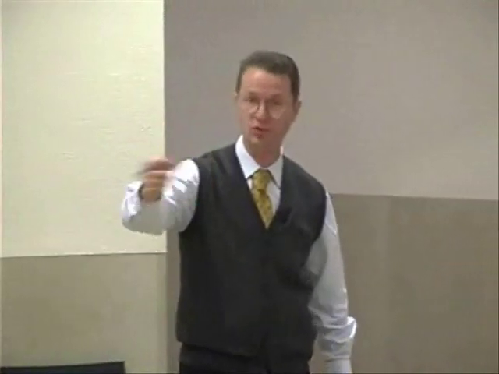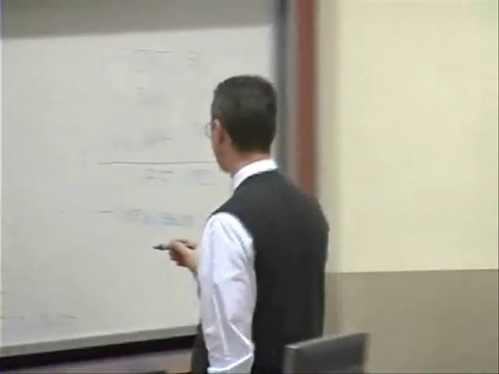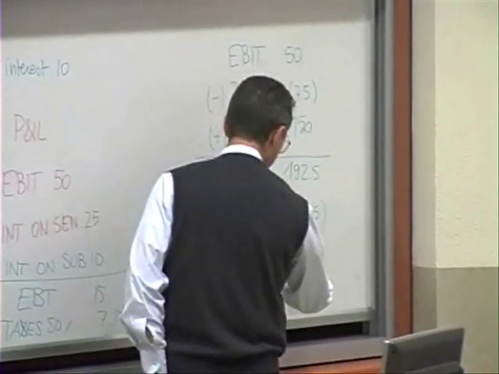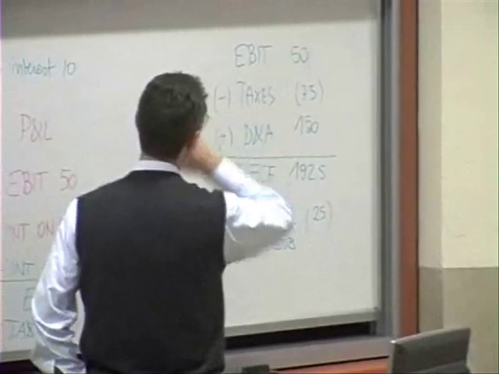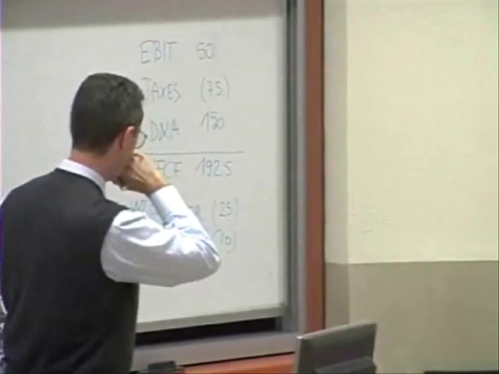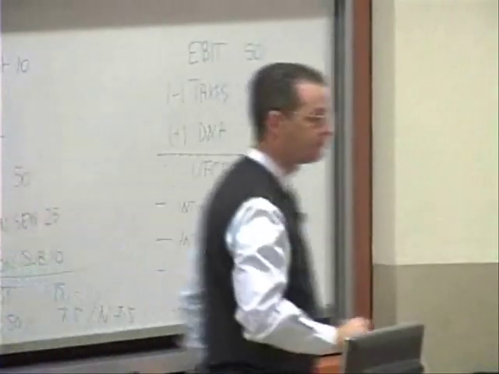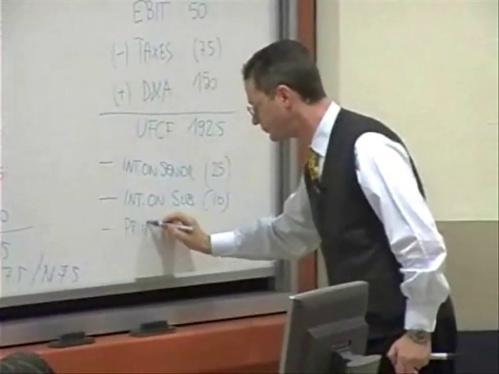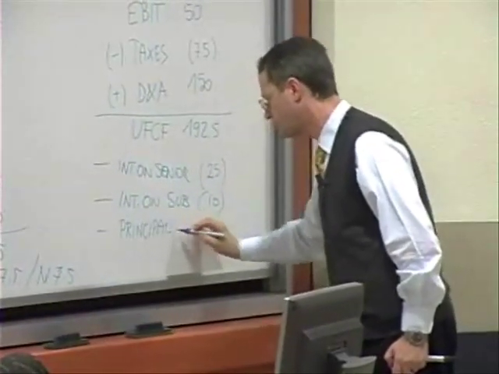Now I pay the subordinated. Once the interest is paid, following the waterfall structure, I can pay the interest on subordinated, which is 10, minus the principal repayment, 125.